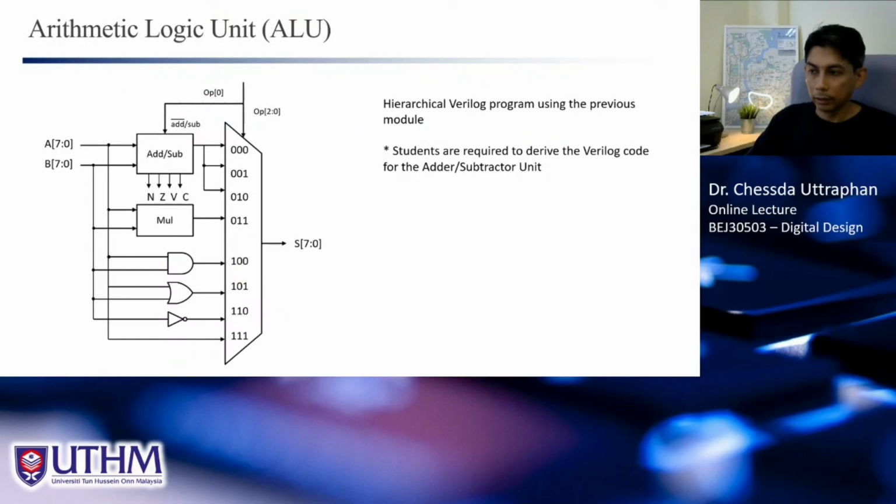If this is 100, we have the AND operation. If this is 101, we have OR, 110 we have NOT, and for the last one, 111, A is just passed to the output.